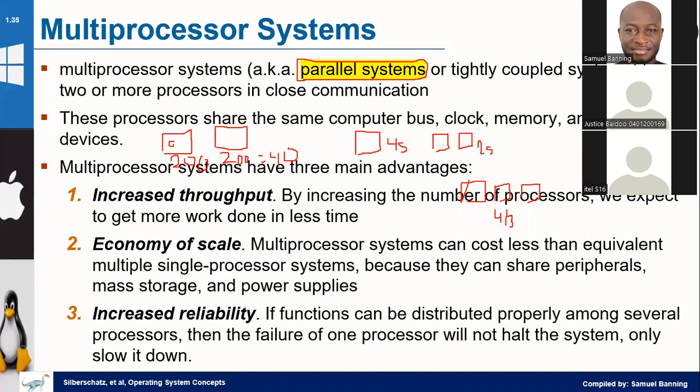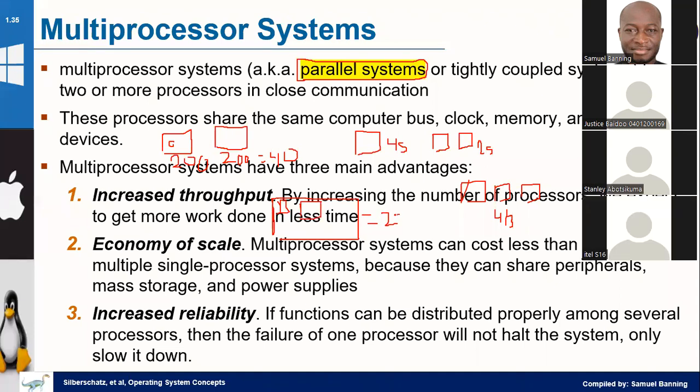These are 2 different computers with single processors each. If I'm buying one computer with 2 processors, this will cost me somewhere 250 or 300 Ghana cedis. So economy-wise, this is more prudent. That is the economy of scale.